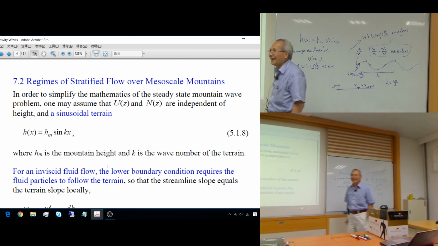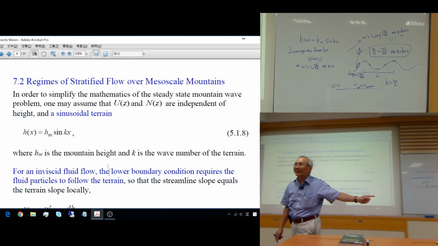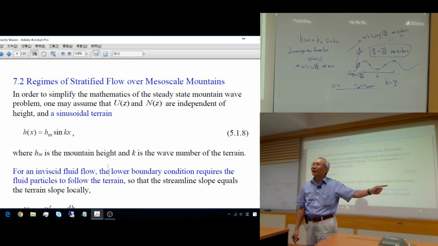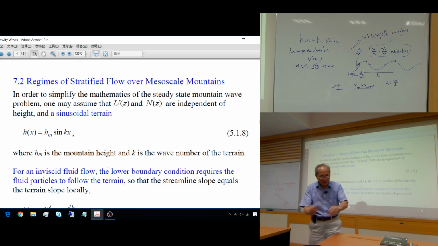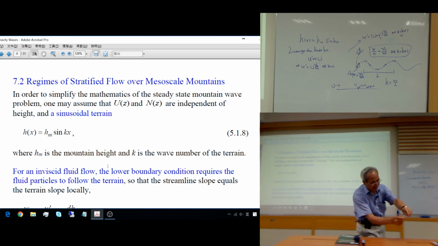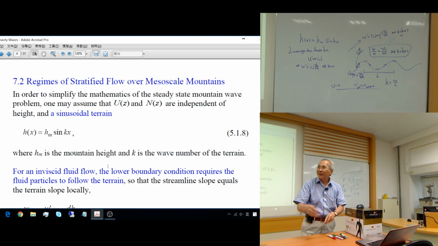Otherwise, don't overlook that, or you cannot solve it linearly, or you cannot solve it analytically. It's not that easy. You can solve it, but you have to use a computer to iterate. If you apply it at the mountain surface, you cannot solve it using your pencil or your pen.